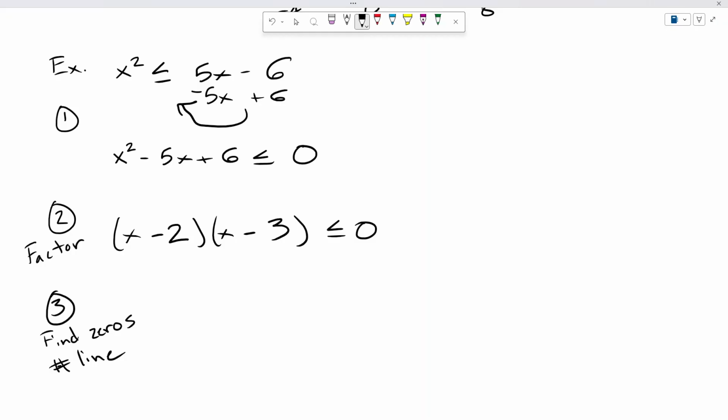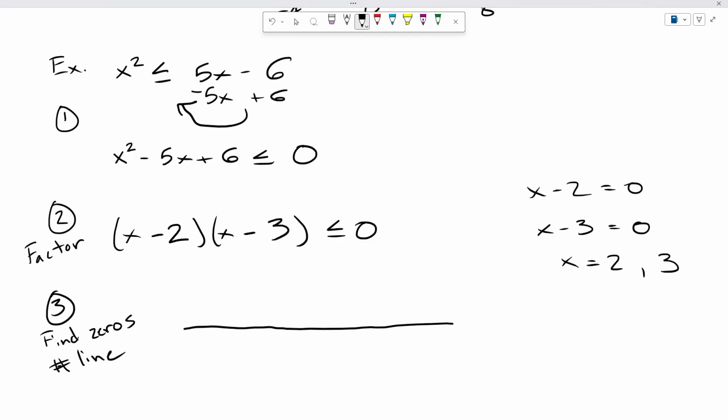So don't let the inequality, the less than or equal to, confuse you. Still just figure out what our zeros are, because that's what we're going to put on the number line. So x would be equal to 2, and x would be equal to 3. So those are our zeros, and we put those on the number line. So we have 2 and we have 3.